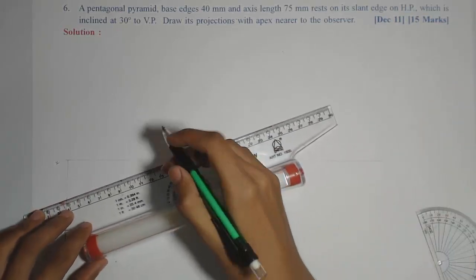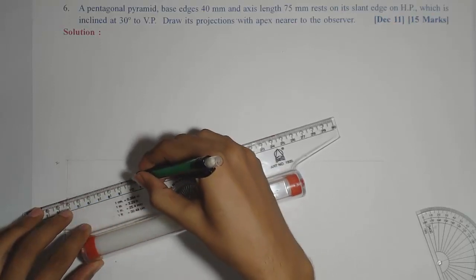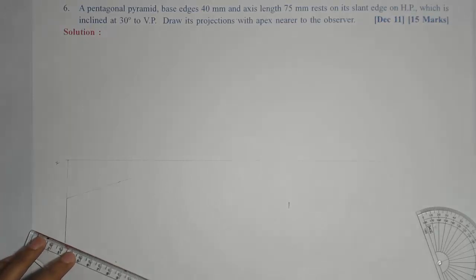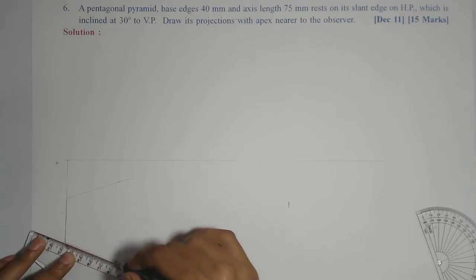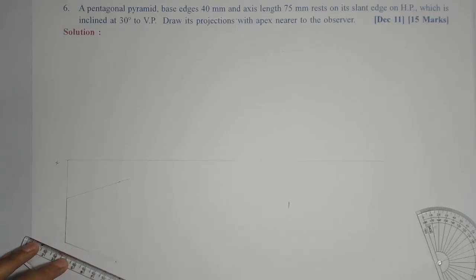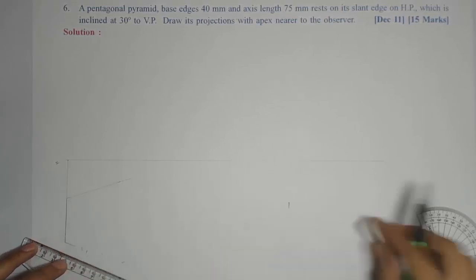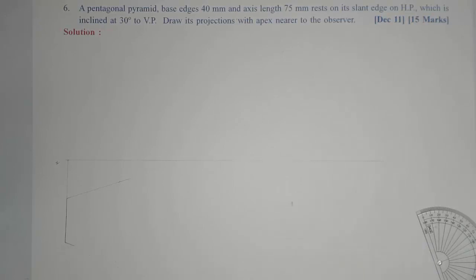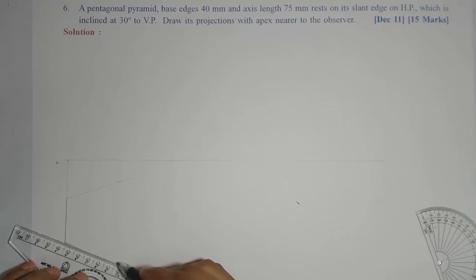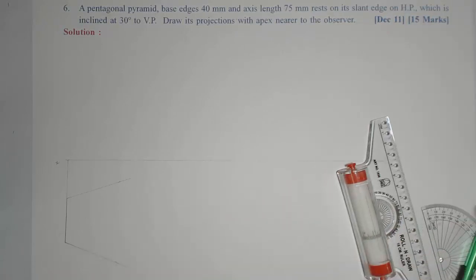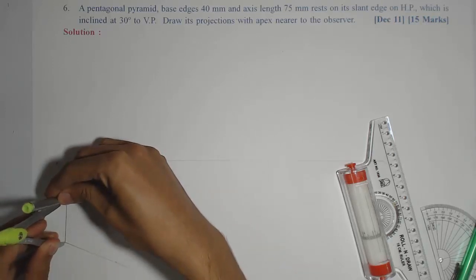We'll produce the edges and we'll mark the length of 40 mm on that. I'll cut the arcs of 40 mm base edge to mark the remaining edges of the pentagon.